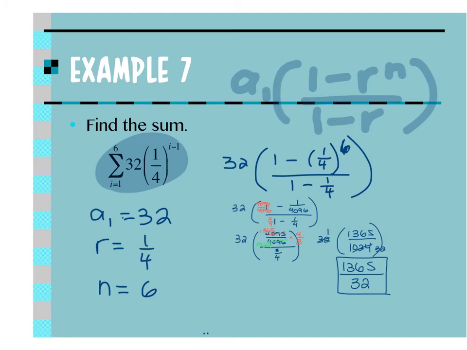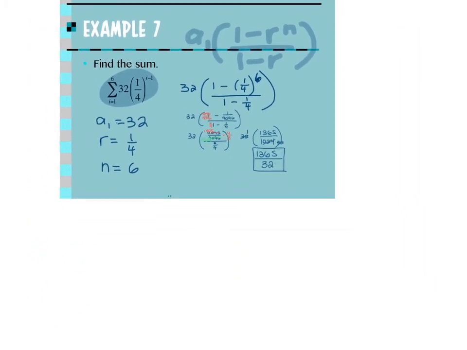Questions on sum of a geometric? Okay, so be careful with this, because even if a question says something like this, and you're trying to find the sum of that, is that a geometric sequence? Would 4i be geometric?